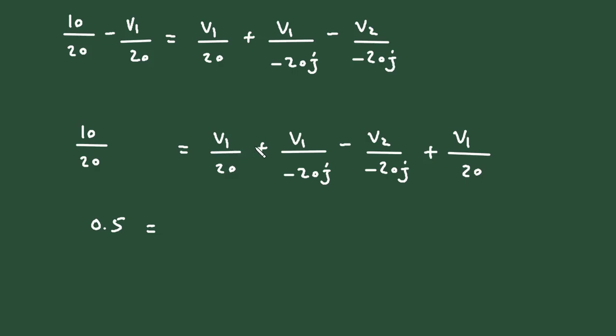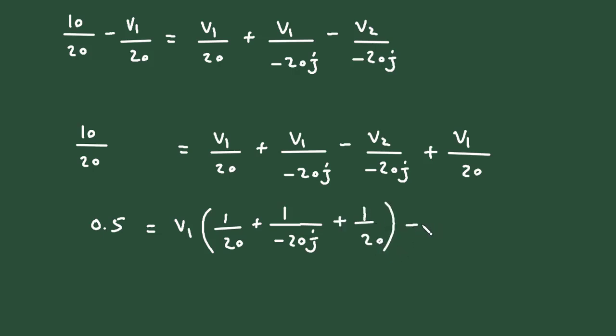So 0.5 is equal to, we can take this V1 common. So 1 by 20, then plus 1 by minus 20J, then plus 1 by 20, then plus V2.